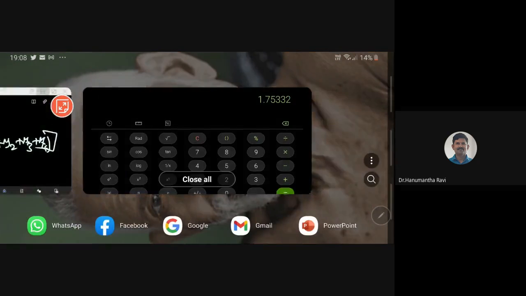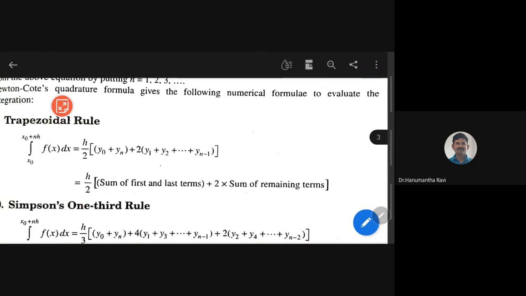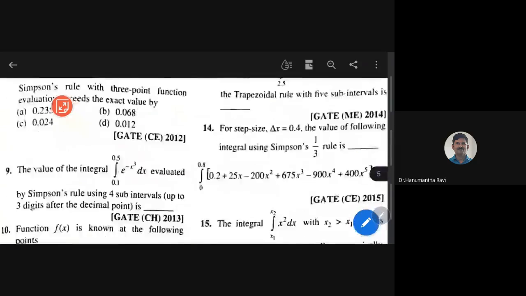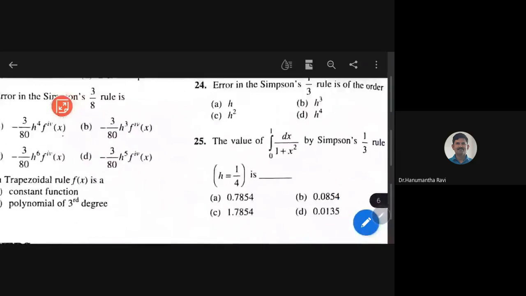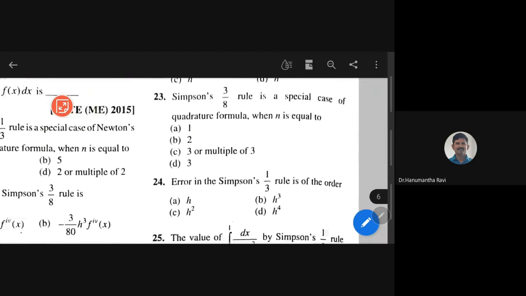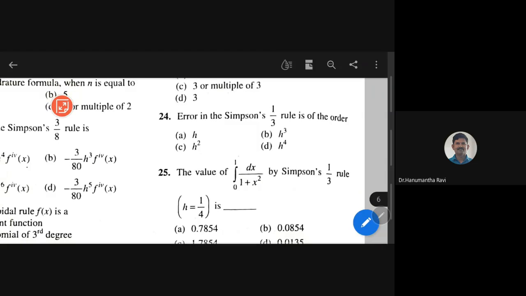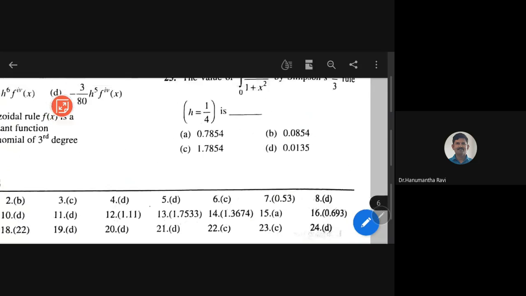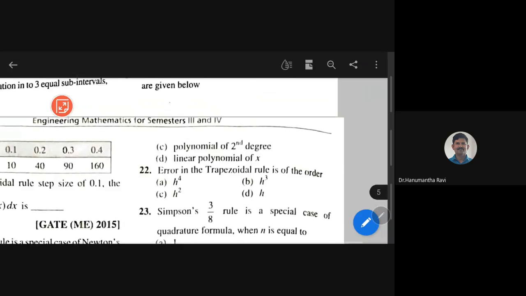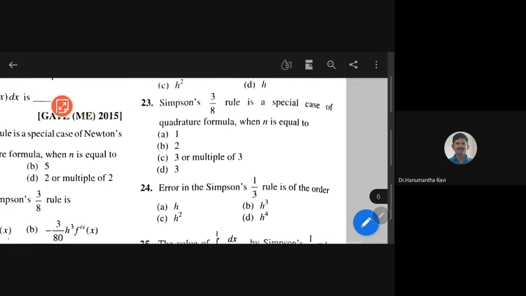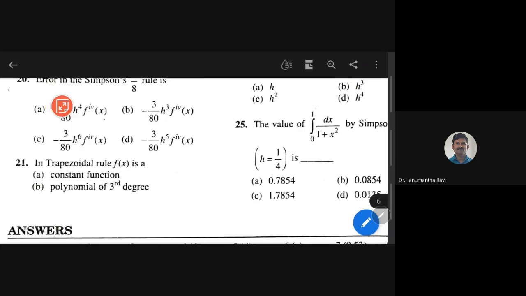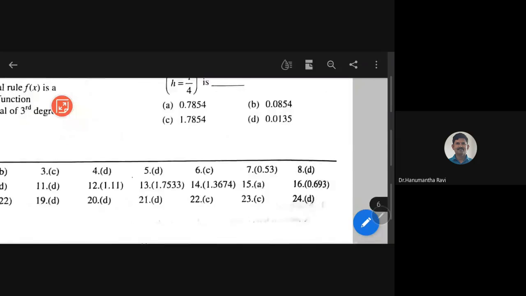Okay. So this value, we have done the trapezoidal rule for the logarithm function.